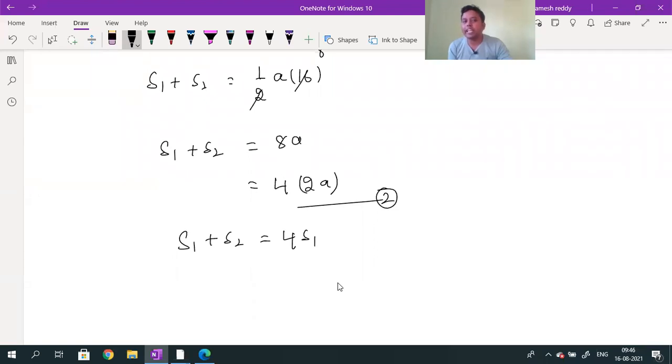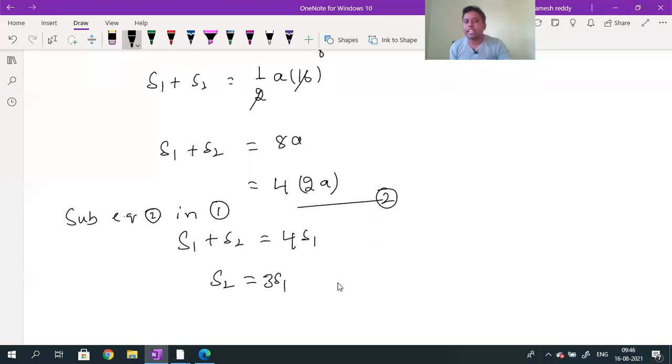Because it is 8A, 4 into 2A, and 2A is S1. Substituting equation 1 in equation 2, S1 plus S2 is 4 into S1. So S2 will be equal to 3 into S1.